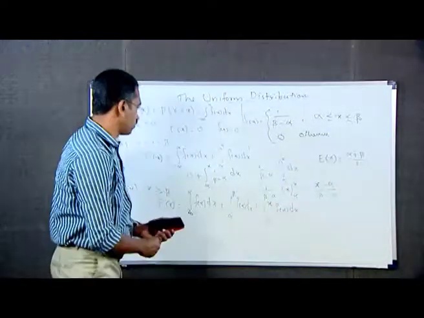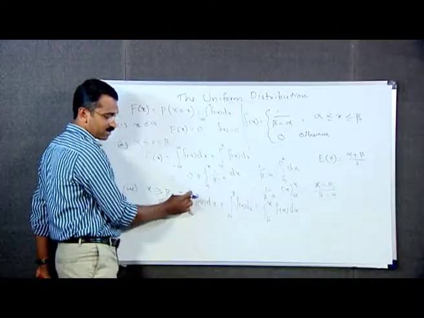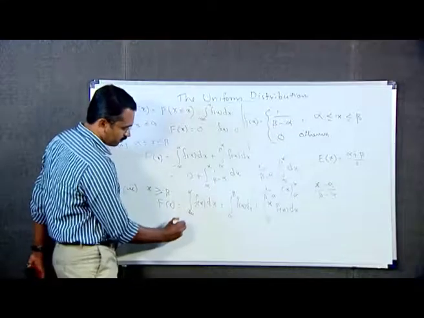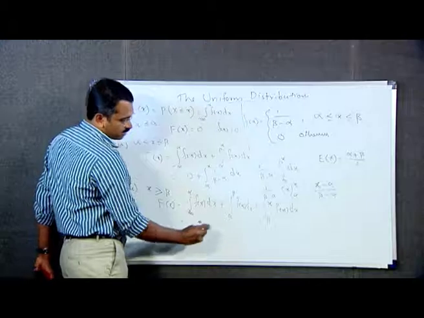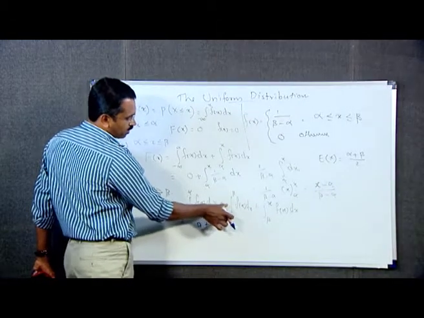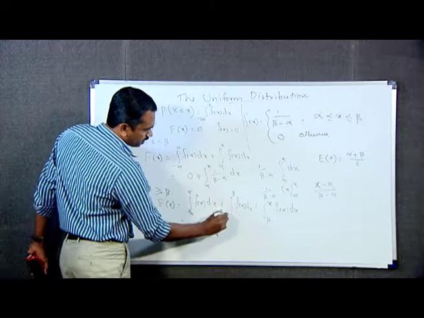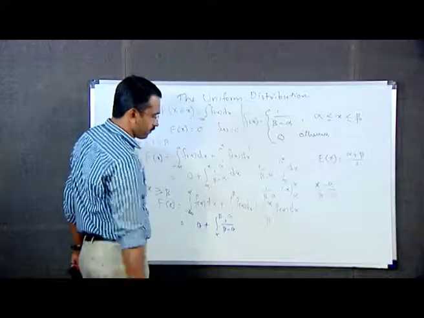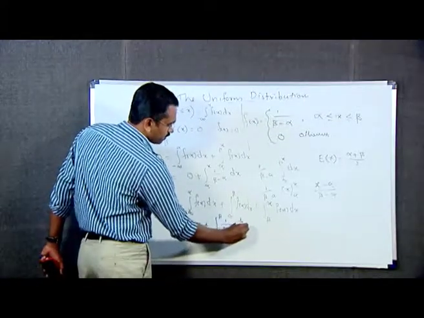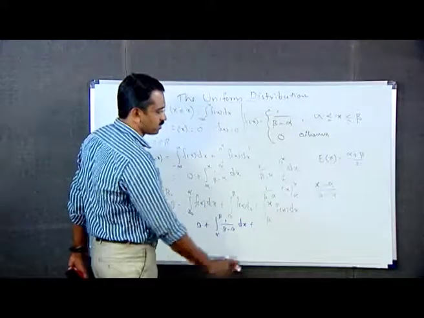That is equal to, in this case, x is less than or equal to alpha, function is defined as 0, therefore this term will become 0, plus the integral from alpha to beta. Here the function is defined as 1 by beta minus alpha dx, plus the integral from beta to x.